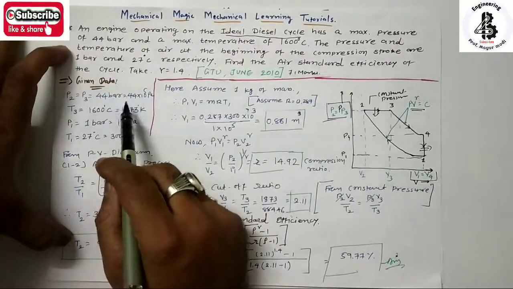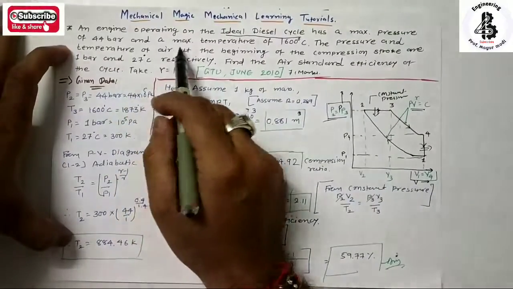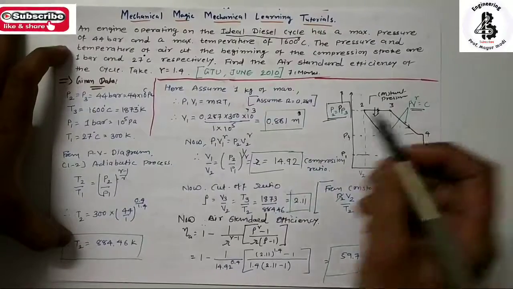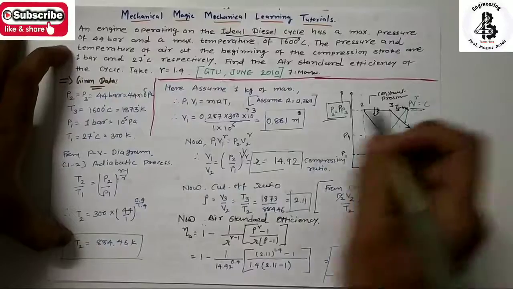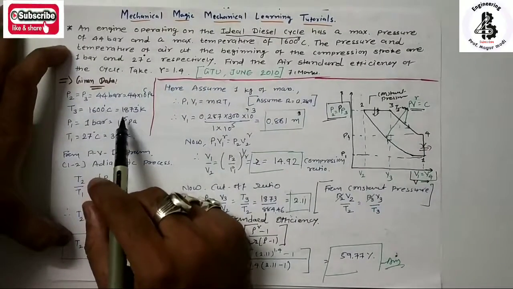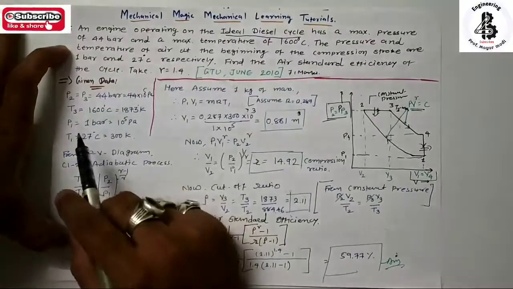So 44 into 10 raised to 5 pascals. And a maximum temperature, that will be the T3 point, representing the maximum temperature. So T3 equal to 1600 degrees centigrade, or converting into Kelvin, 1873 Kelvin.